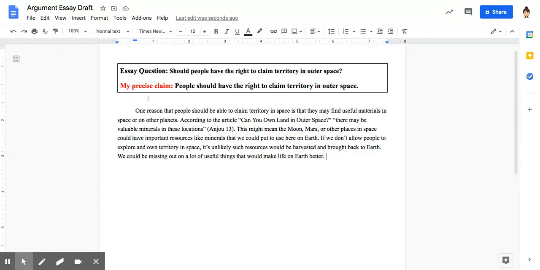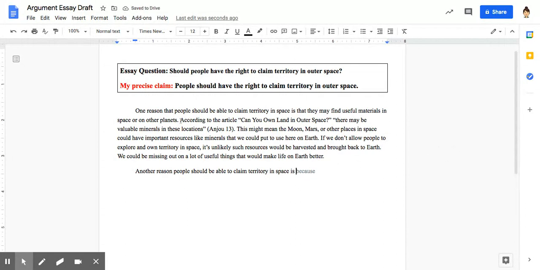Again, no introduction yet, but we're jumping right in with our first body paragraph. When you're ready for your second body paragraph, you would talk about your next reason and make another PEPA. So I would say another reason people should be able to claim territory in space is, and then I would complete that sentence with my next reason.